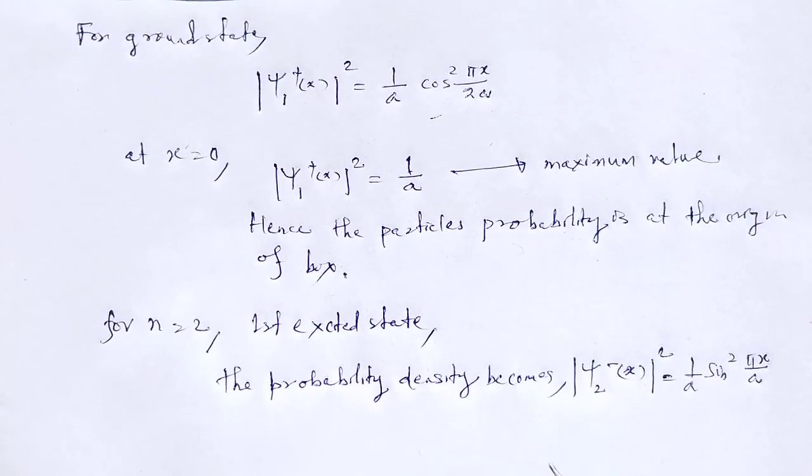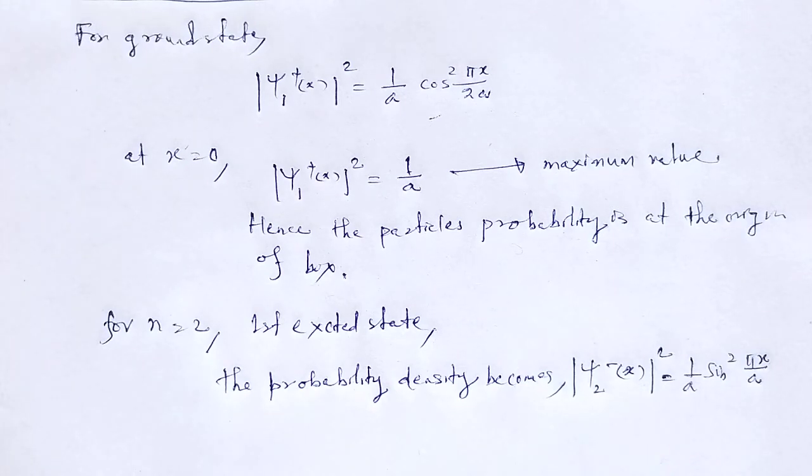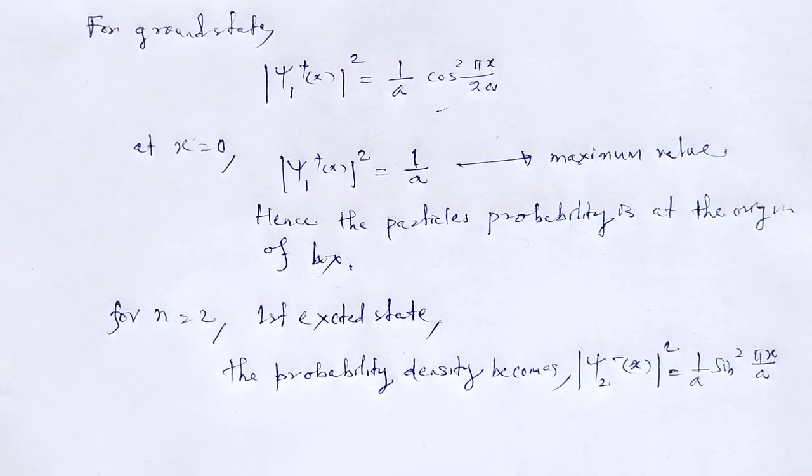Hence we conclude that the probability of finding the particle is different for different states, and this contradicts the classical idea that the particle inside the box is equally probable.